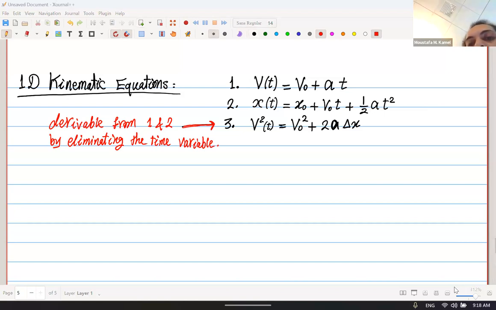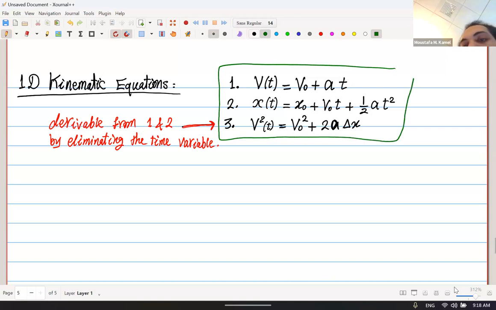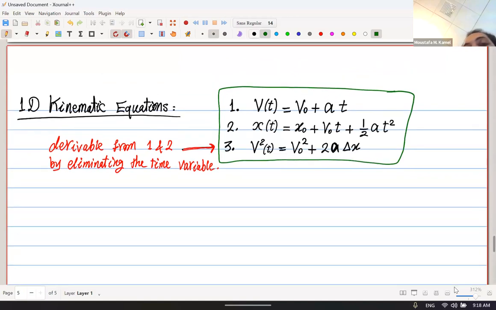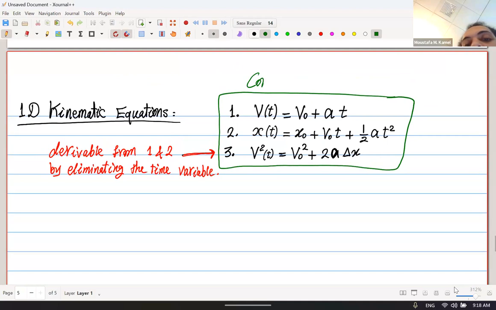Okay. And those are only in the case of constant acceleration. If acceleration varies, then these equations don't hold anymore. Okay.